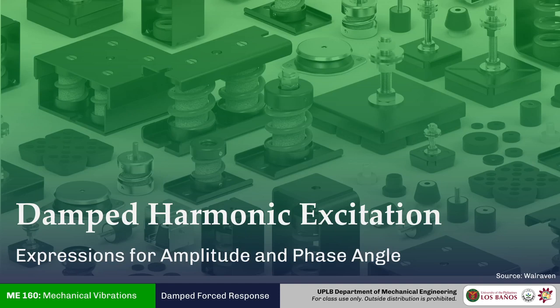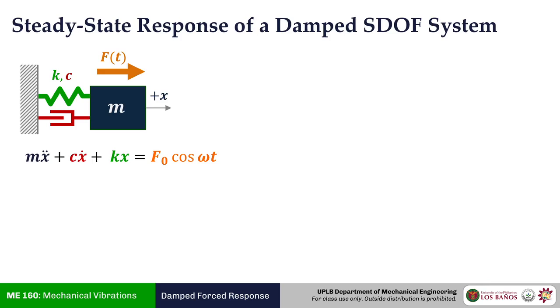So, first and foremost, konting derivation lang. So, this will be our equation of motion now. So, may damping term tayo ulit. That damping is c, the damping coefficient, times the velocity of our system.